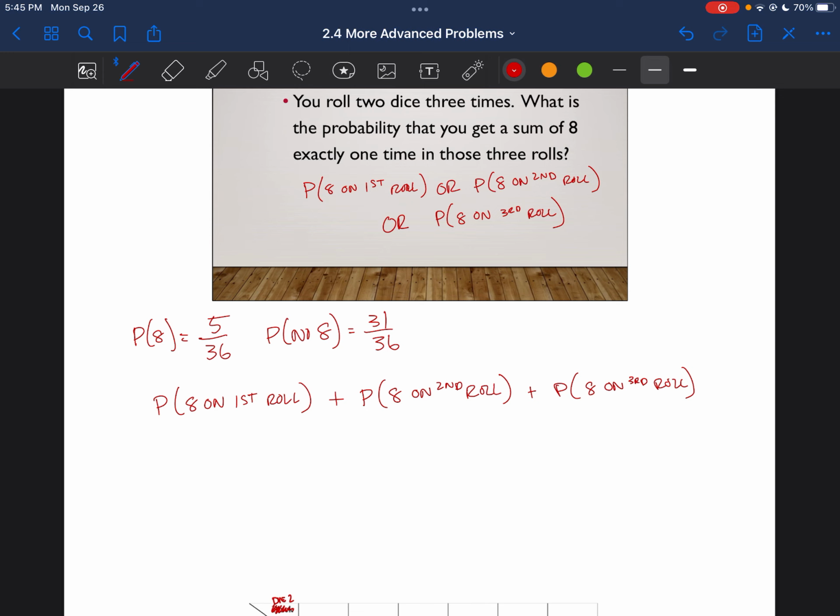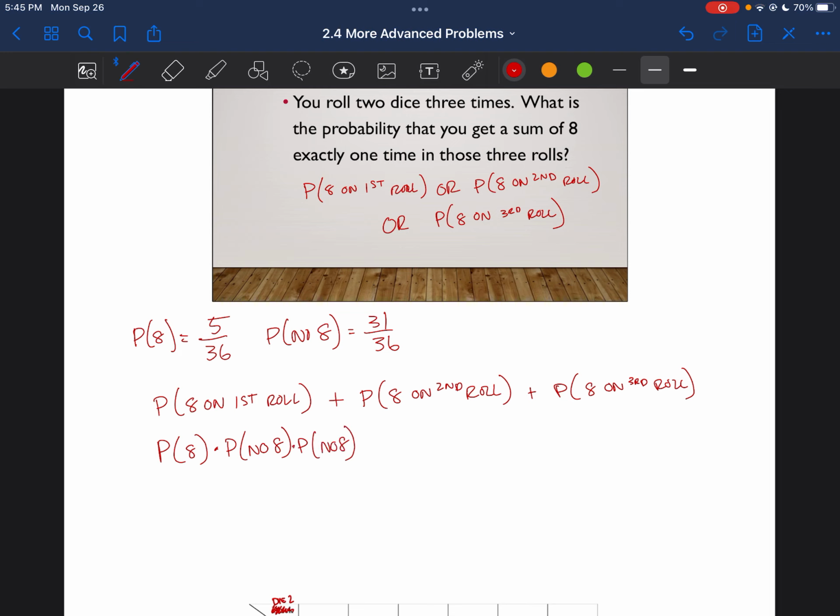So let's break down getting an 8 on the first roll. If I get an 8 on the first roll, that means I get an 8 the first time, but then I don't get an 8 on the second and the 3rd roll. And then for the second one, that's the probability that I get no 8, and then the probability that I get an 8, and then on the 3rd roll the probability that I don't get an 8 again.